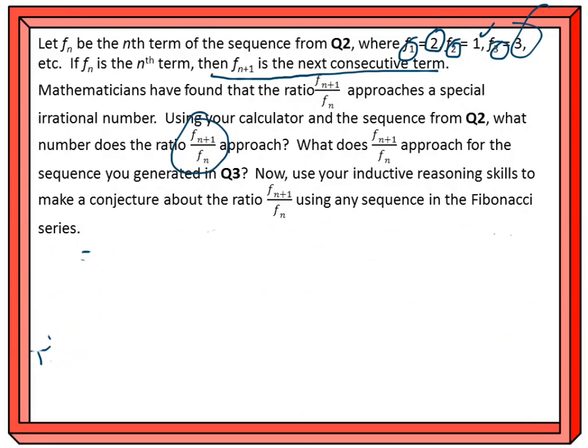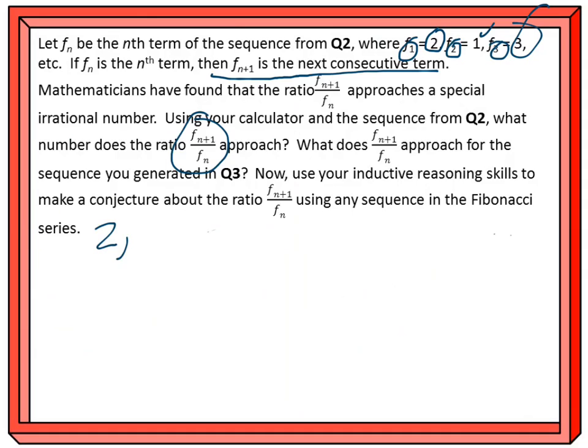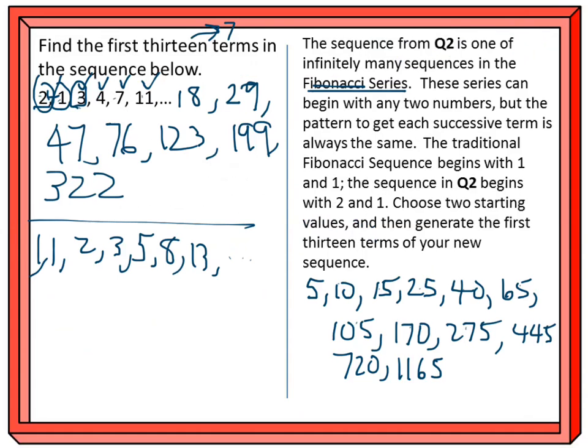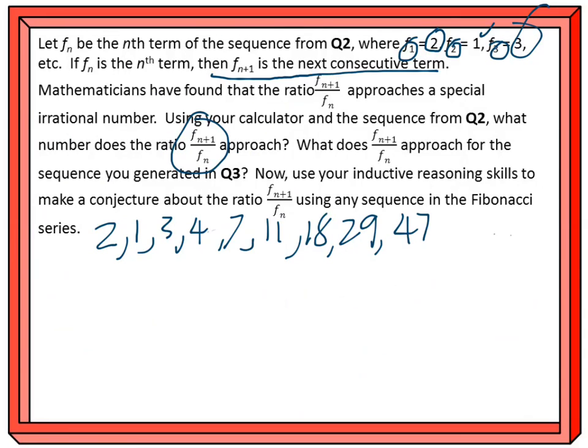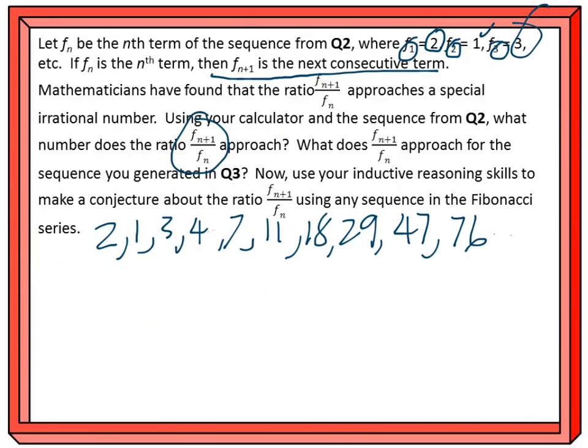Alright, so this sequence on number 2 is, and I'm going to have to come back here because I don't remember, 2, 1, 3, 4, 7, 11, 18, 29, let's see what else, 47, 76, 123, 199, and 322, I think.